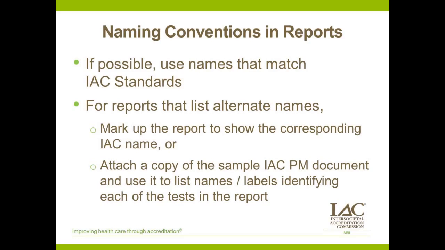So where it says graphity, write on there gradient calibration. Another way to do this, like I mentioned earlier, is to take a copy of the IAC's sample PM document and combine that with the manufacturer report, so you can go down the list and say, yes, gradient calibration is on page 3 of the report under the section that says gradient sizing, or what have you. That's another way to do it.